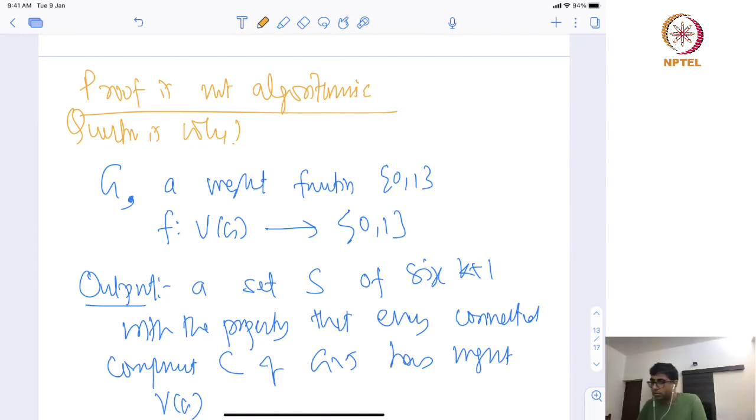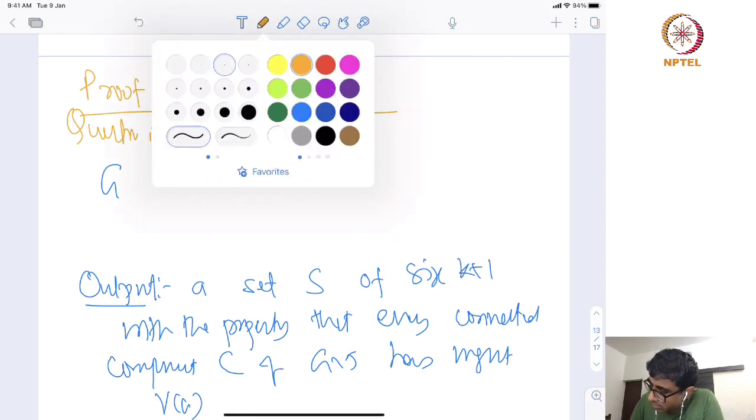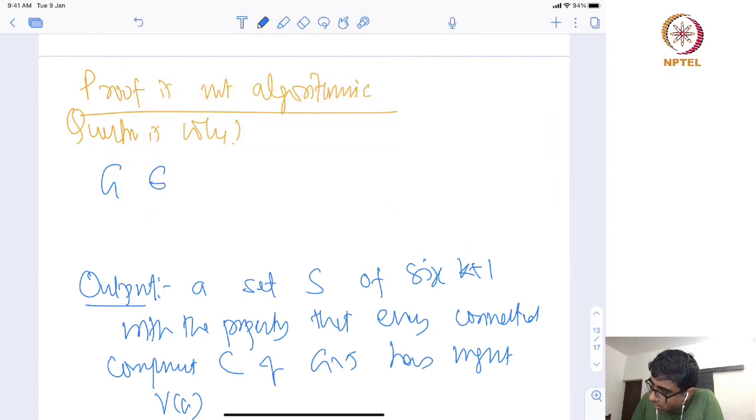We know the property with respect to this weight function f. Suppose G belongs to Z weighted 0 1, so it has this property with k plus 1.